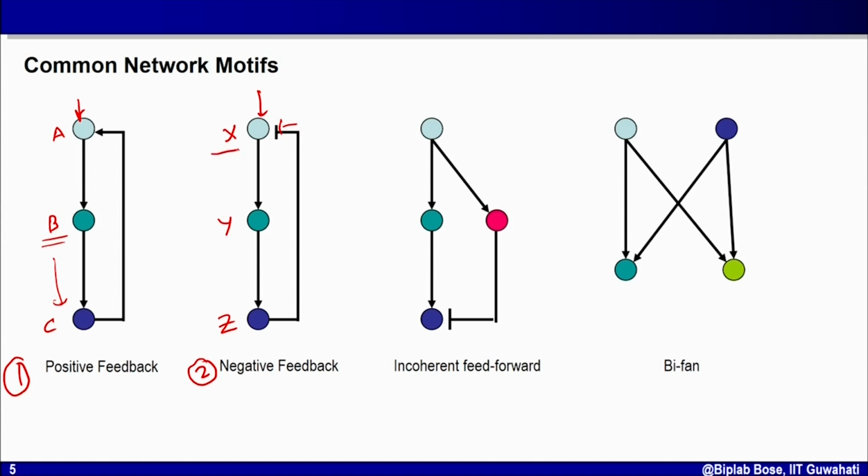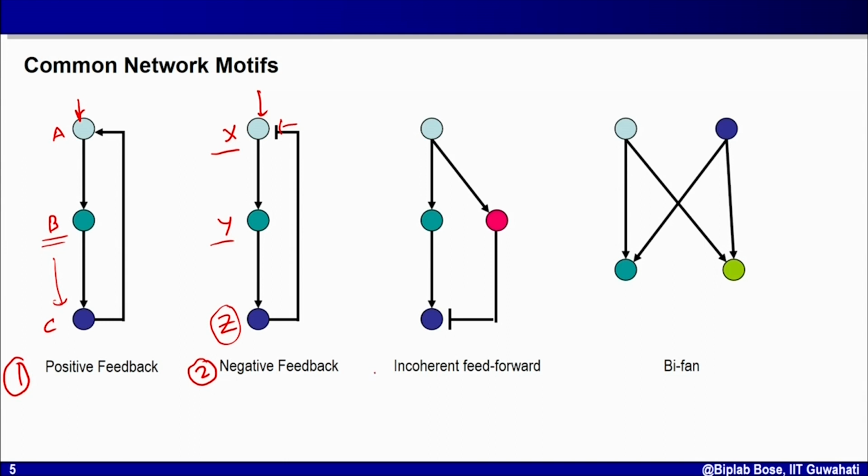When X becomes activated, it works on Y and converts Y into an active enzyme. Once Y is activated, it works on Z and converts Z from inactive form to active form. Now Z becomes an active molecule and it inhibits activation of X. It inhibits the function of X. So I have a negative feedback.